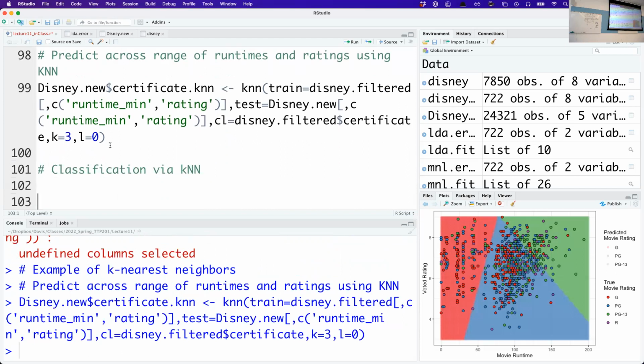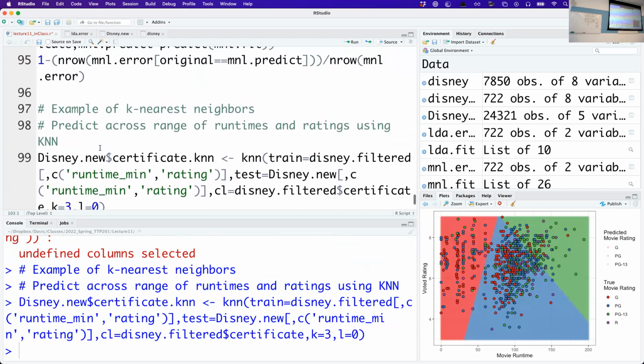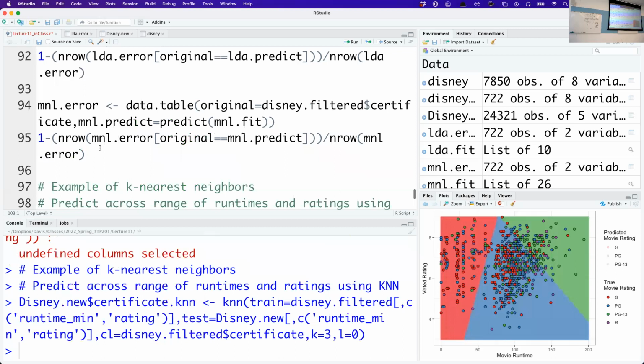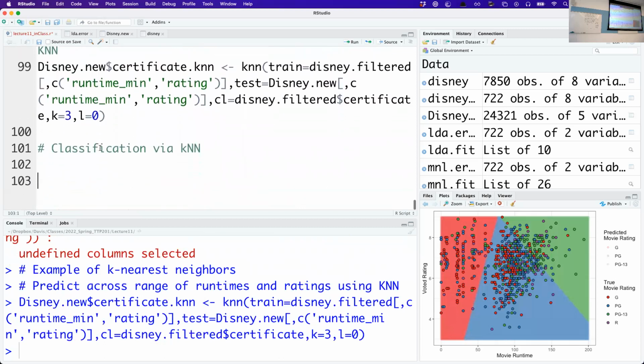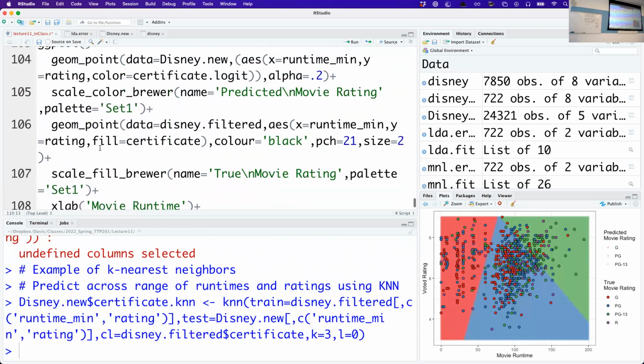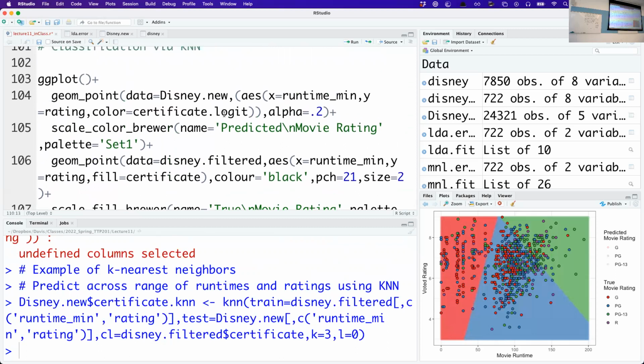So here we are going to copy and paste that plot thing again, and all I'm going to change here is our KNN predictions. That plot there was our LDA, which looked really similar to our MNL.